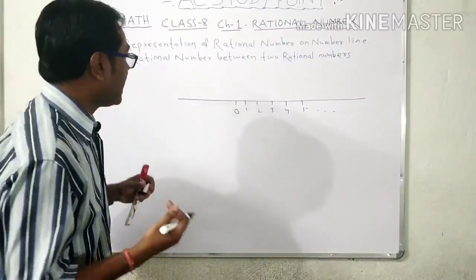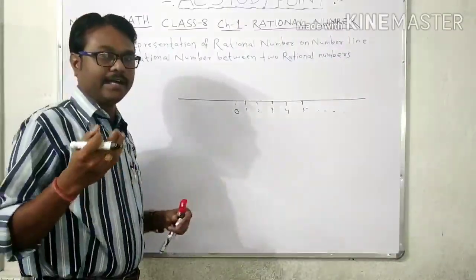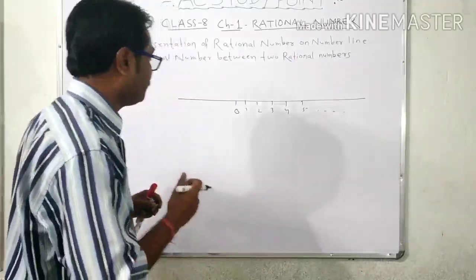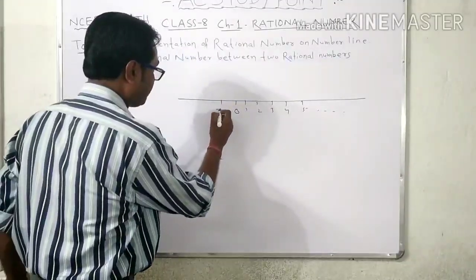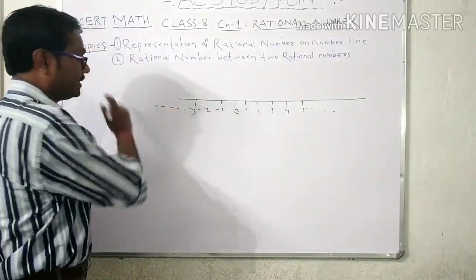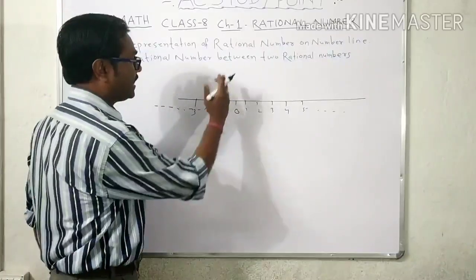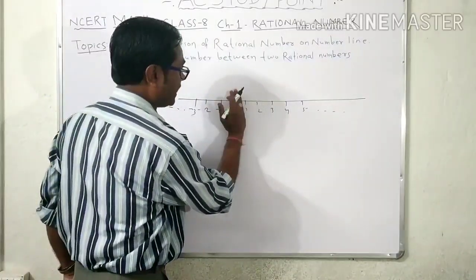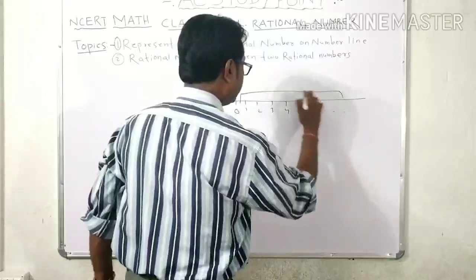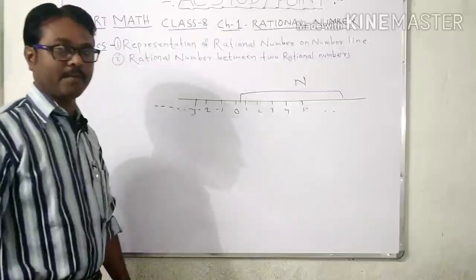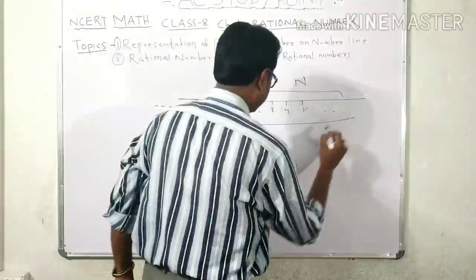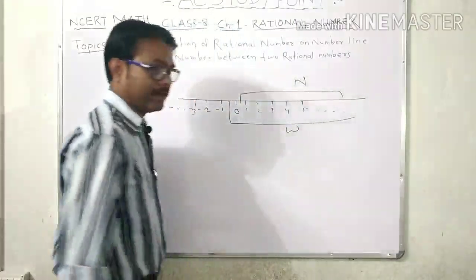After that, to represent the integers on the number line, we also include -1, -2, -3 and so on. So, from 1 onward is the representation of natural numbers on the number line.